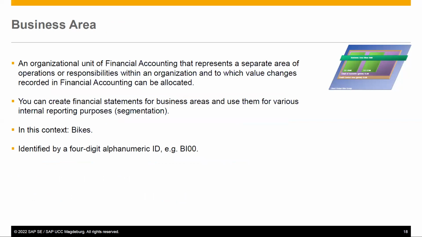We have a business area. This is also another interesting concept. This is also part of financial accounting and represents a separate area of operation or responsibility. For example, in my United States company, I have 3 different types of businesses. One business is selling bikes. Another business is a flower business.